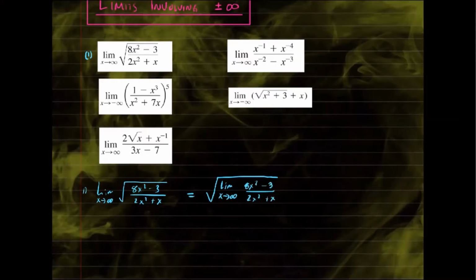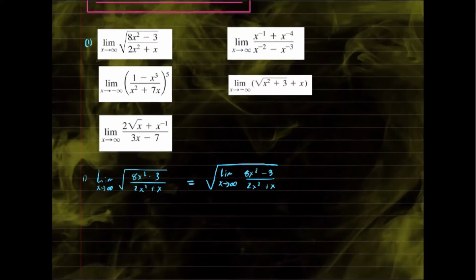Well, the idea with plus or negative infinity is to divide top and bottom of the function by the highest power of x in the denominator. For this problem, the highest power happens to be this one right here. So I'm going to go ahead and take every term from top and bottom and divide by x squared. So let's go ahead and do that.